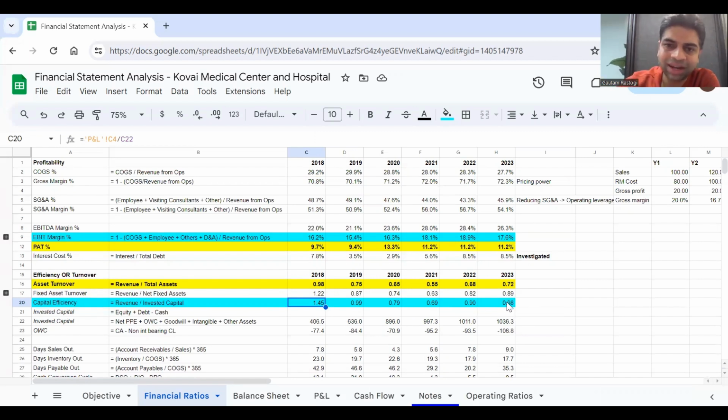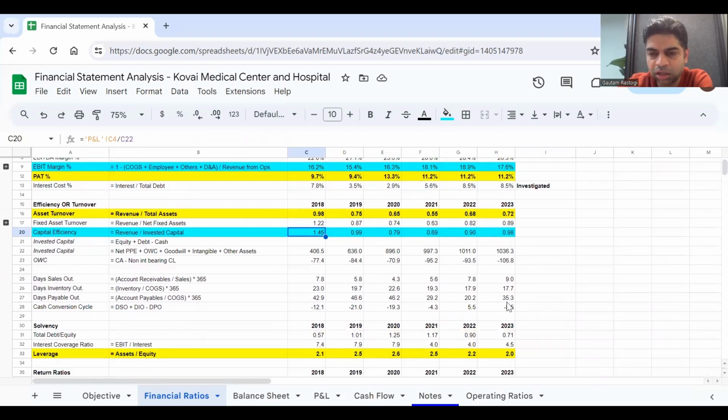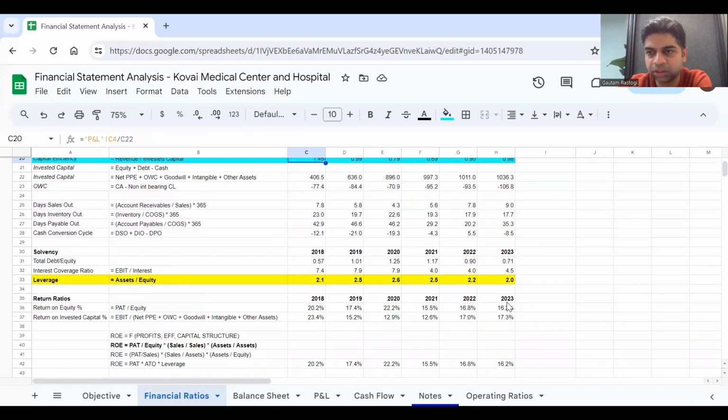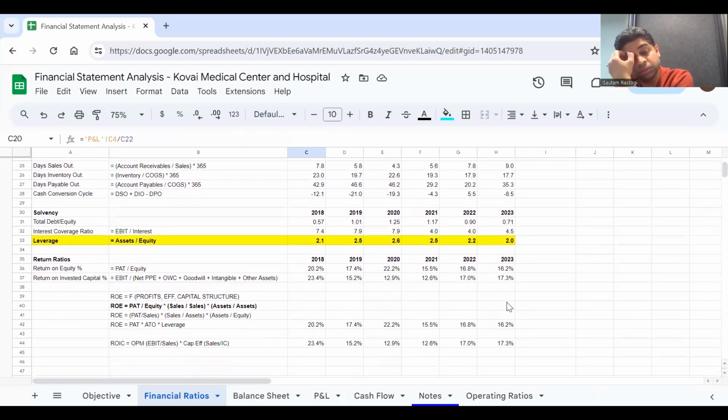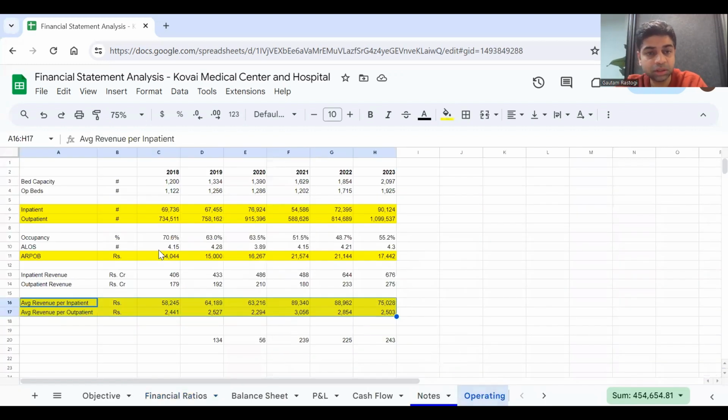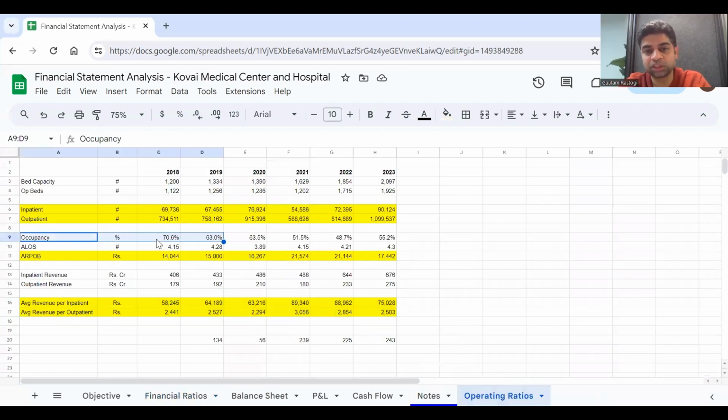I think the heart of the reason really is that they eventually need to get to optimal levels of capacity utilization. If we see here, their occupancy level, which is obviously a very good indicator of the utilization levels, was 70% and now it's as low as 55%.